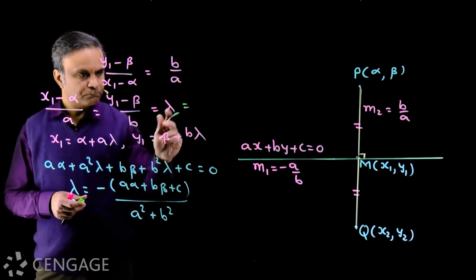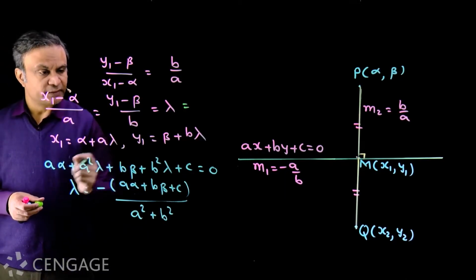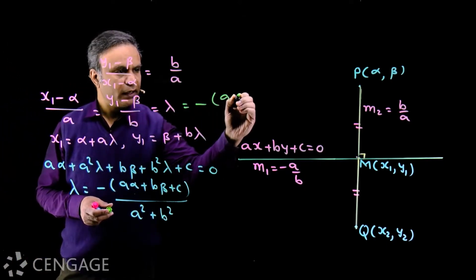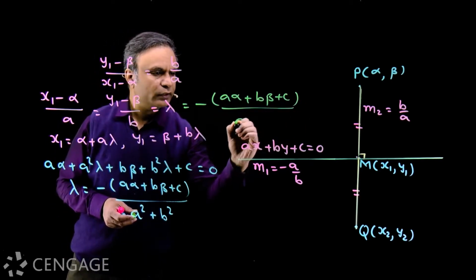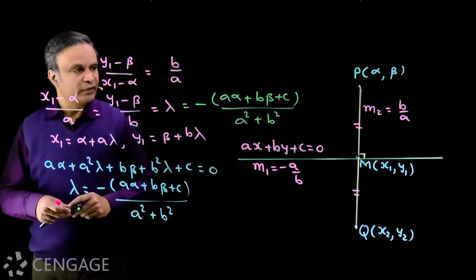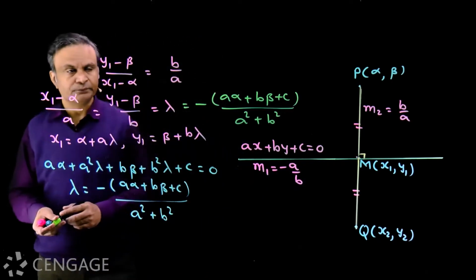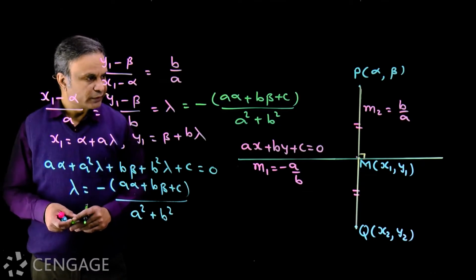We have x1 minus alpha upon a is equal to y1 minus beta over b is equal to minus a alpha plus b beta plus c over a square plus b square. This is the formula using which we can get the coordinates of foot of perpendicular M. Hope you understand what we have to do.